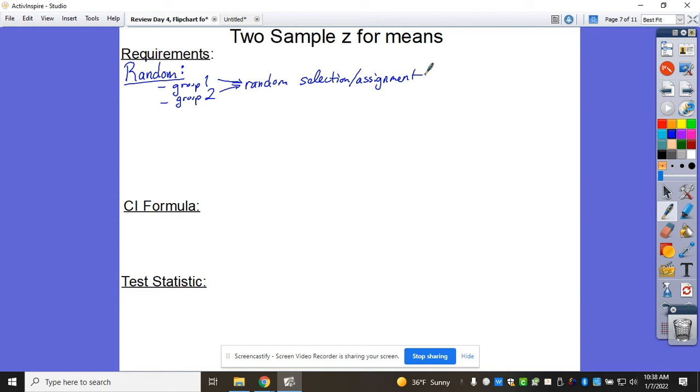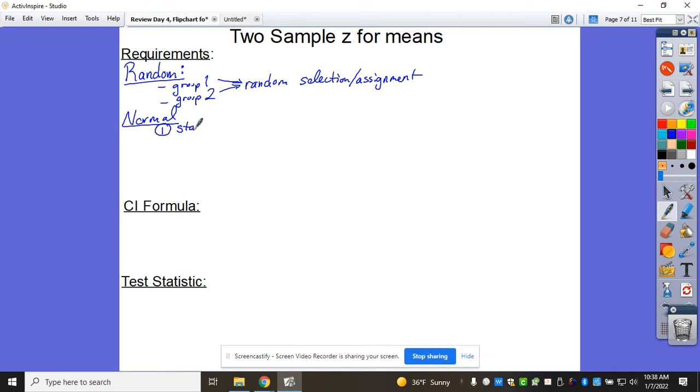What's my next condition? If I am dealing with means, how many different ways do I have to test for normality? What's the first one?